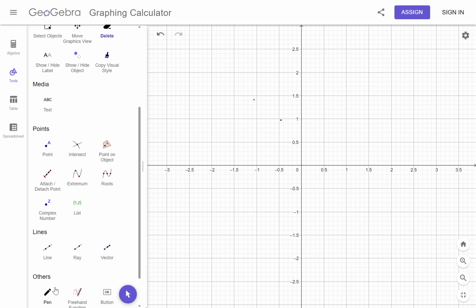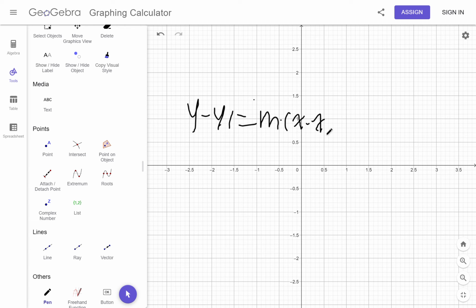So we know that point slope form is defined as y minus y1 equals m times the quantity x minus x1. So y1 and x1 are the y value and x value of a point on the line. They don't have to be the y-intercept or x-intercept. They just have to be points on the line.